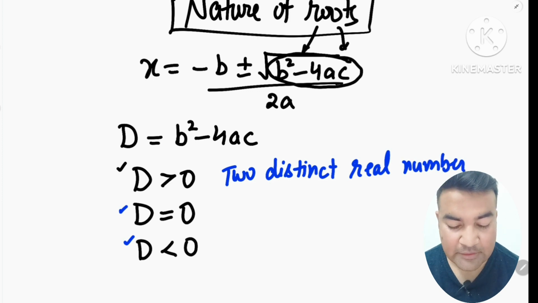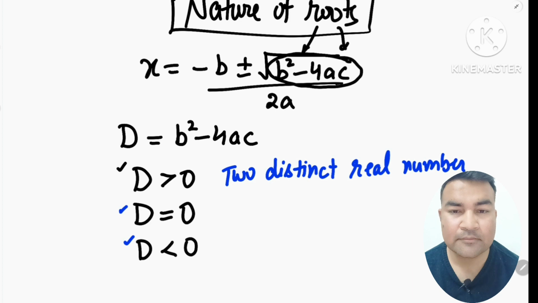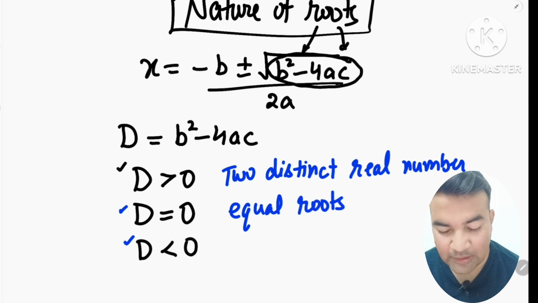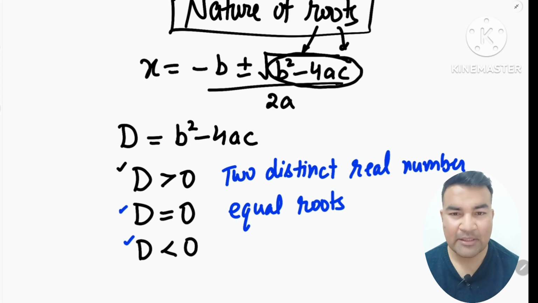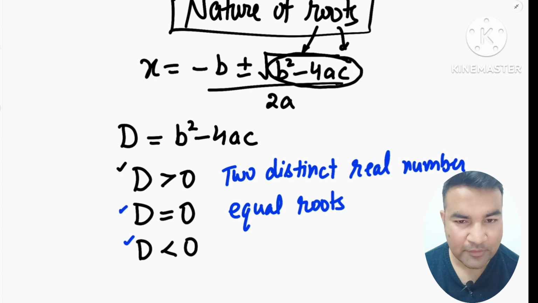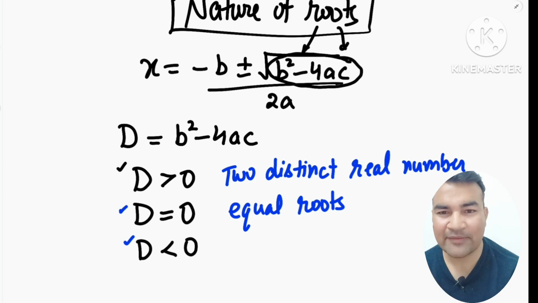And what will happen if it is 0? Yes, if it is 0, then you will get equal roots. That means if one answer is 3, then the other answer will also be 3. If one answer is 7, then the second root is also 7.